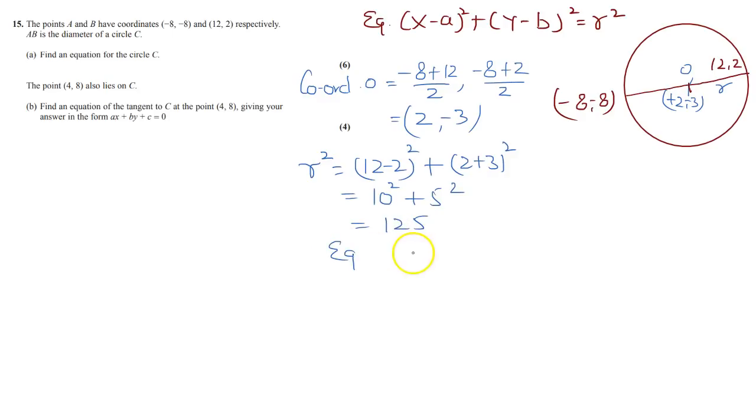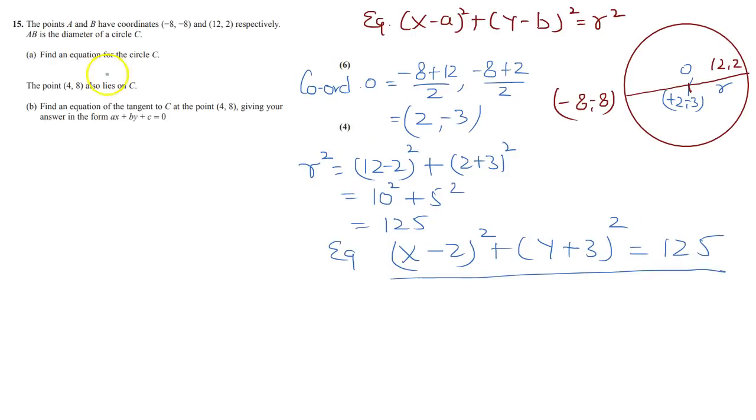So the equation will be x minus 2 square plus y plus 3 square is equal to r square. R square is 125. So this is the answer of part first. That is part A.